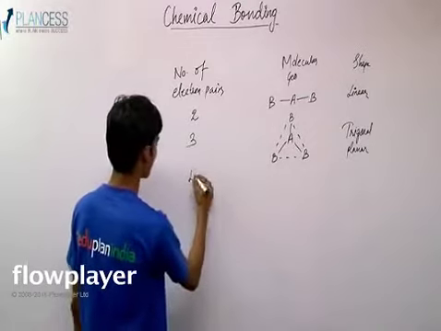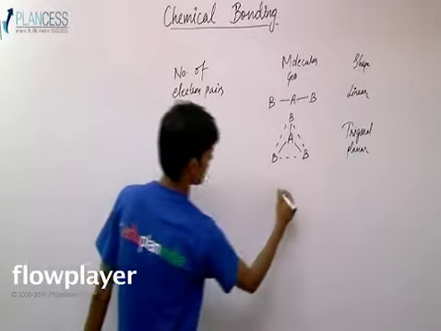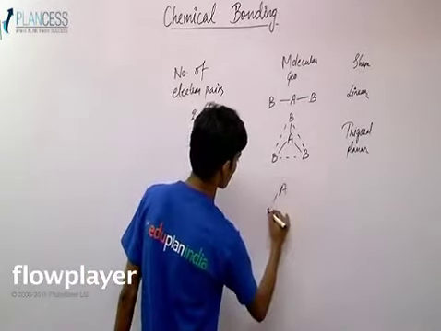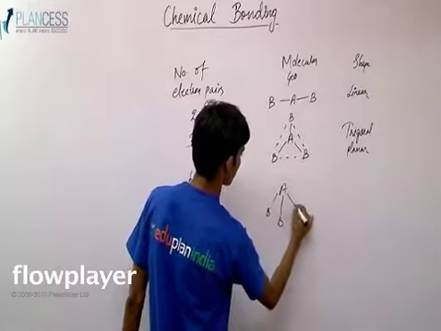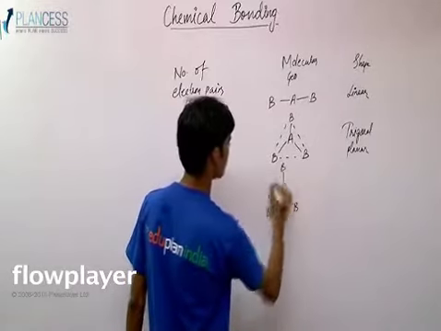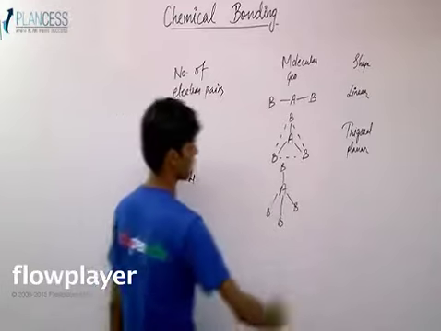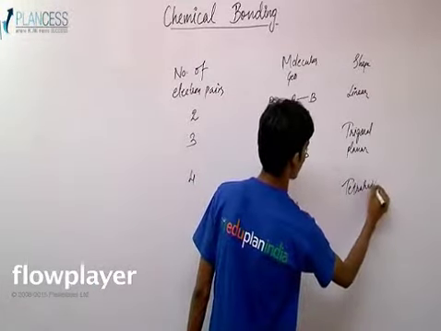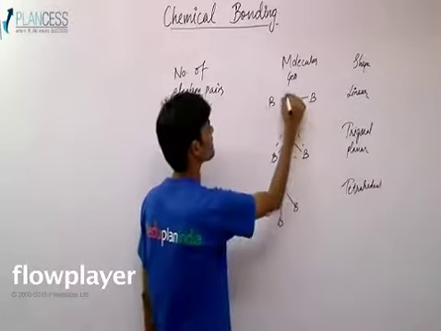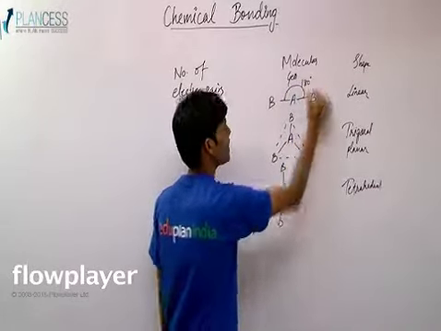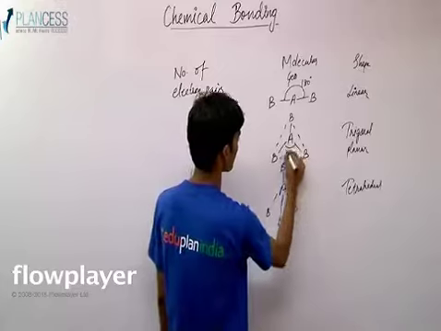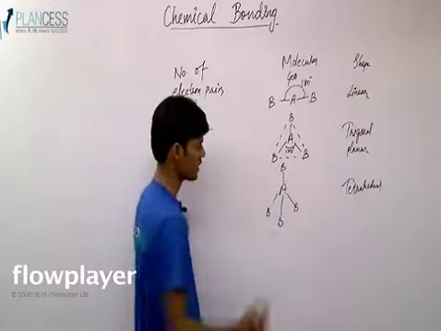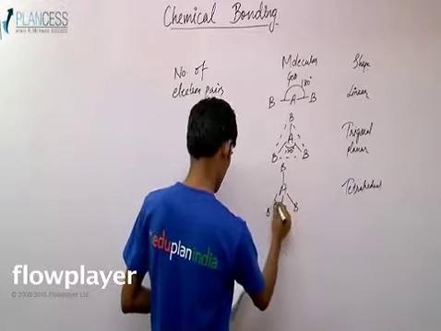If there are 4, then B would be here, B here, and B here, and it would be tetrahedral in shape. The angle for linear is 180 degrees, the angle here is 120 degrees, and the angle here is 109 degrees.